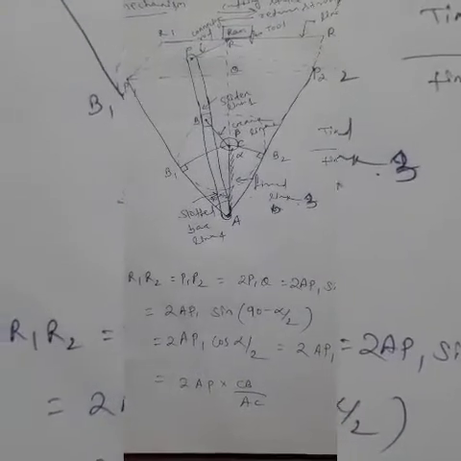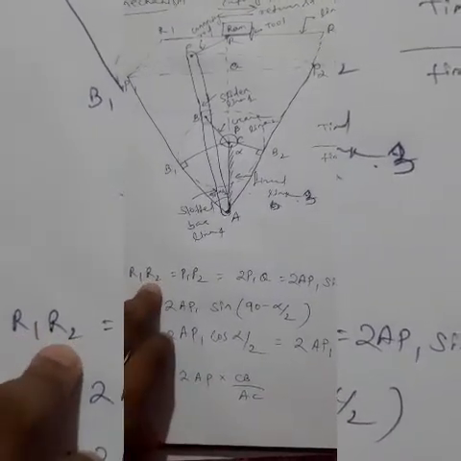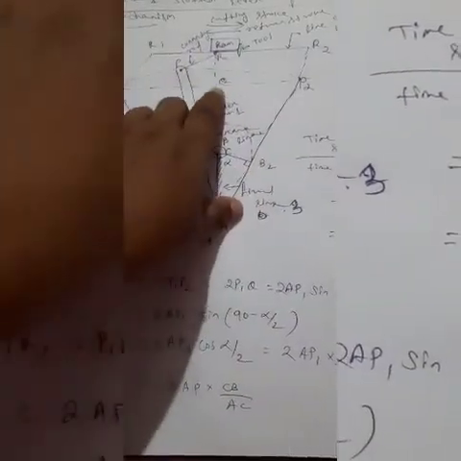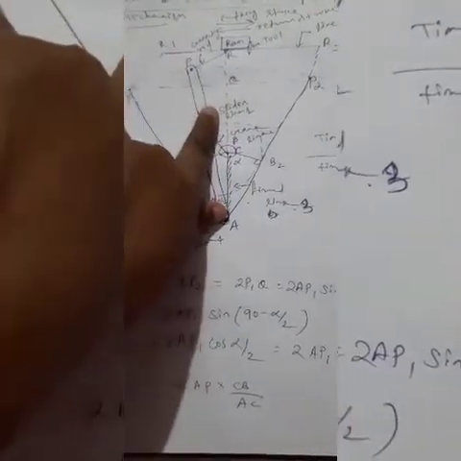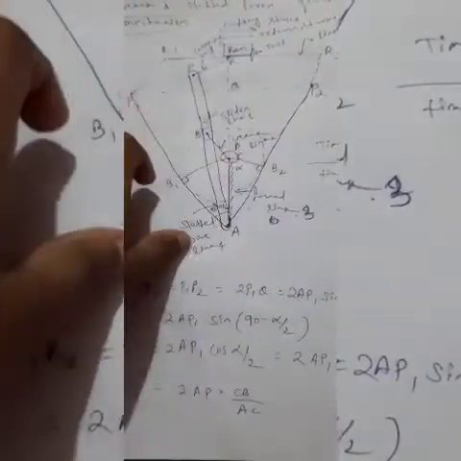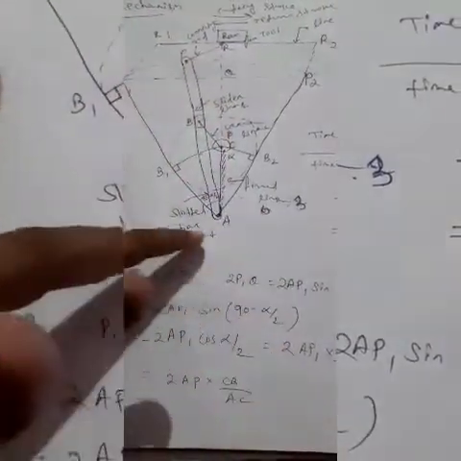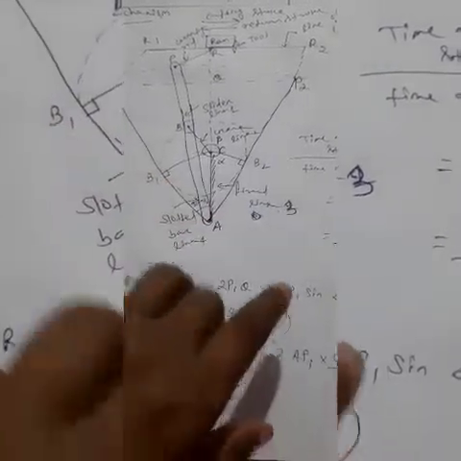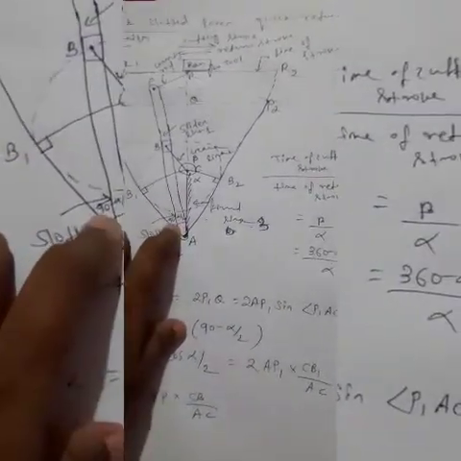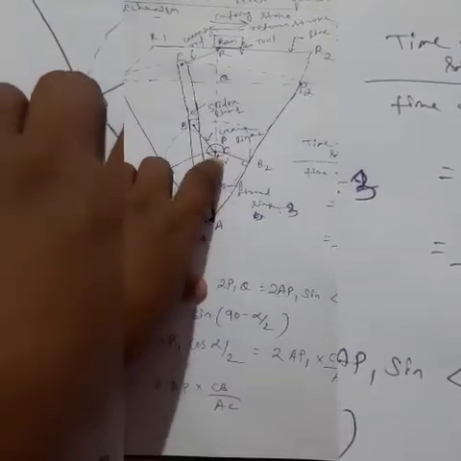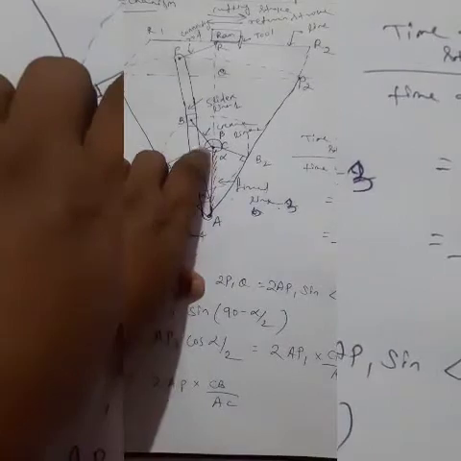Here the total length of stroke is R1R2, which is equal to P1P2. This is the center line, and Q is the center point of P1P2, so that is 2 times P1Q. If we consider this triangle AP1Q, then P1Q equals AP1 sine of the angle P1AQ. If the full angle is alpha, this is half of it, alpha by 2.